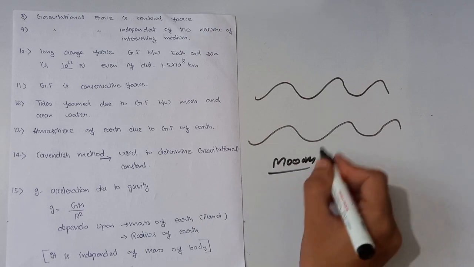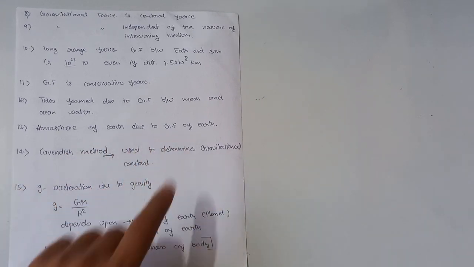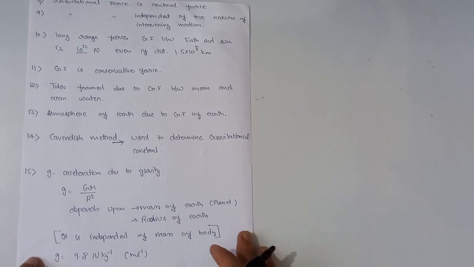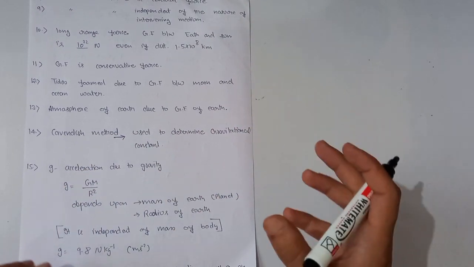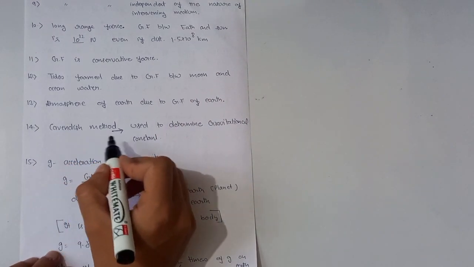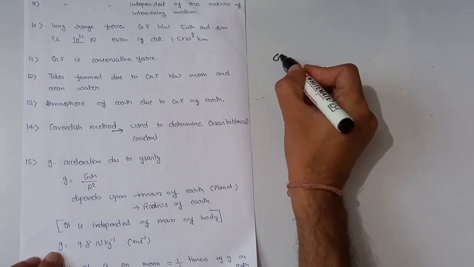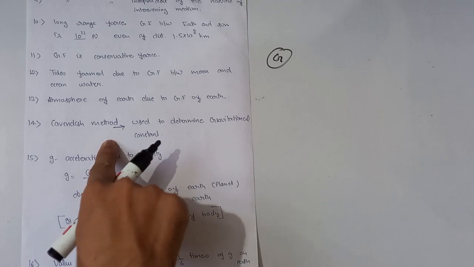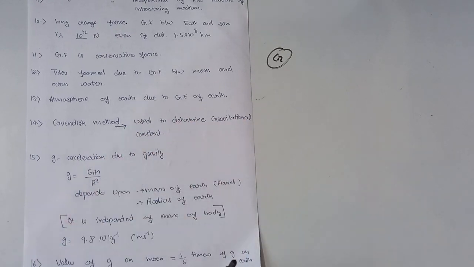Our next key point is the atmosphere of Earth is held due to the gravitational force of Earth. And the Cavendish method is used to determine the gravitational constant G.